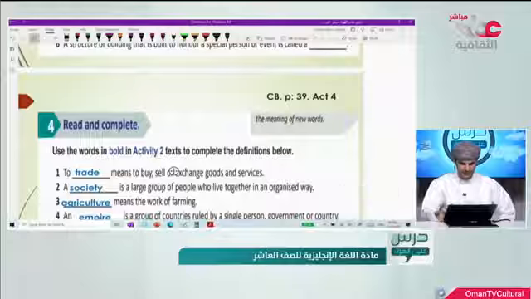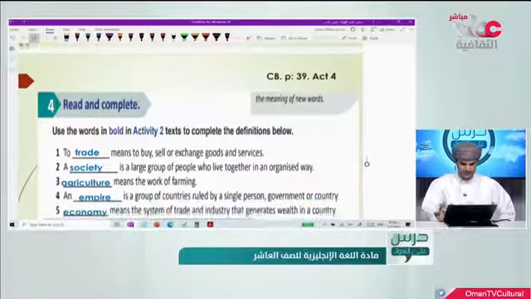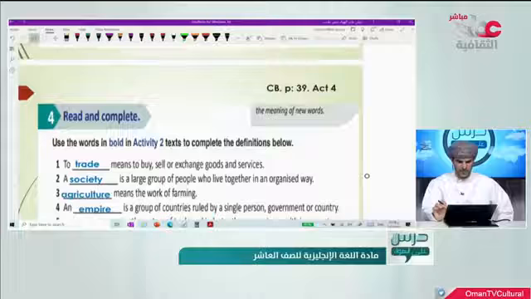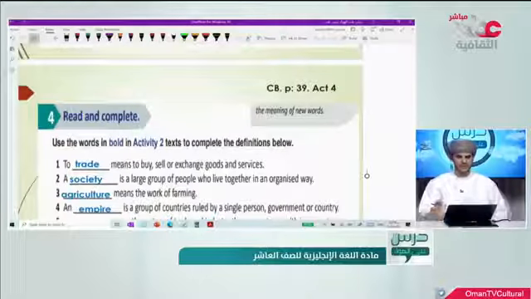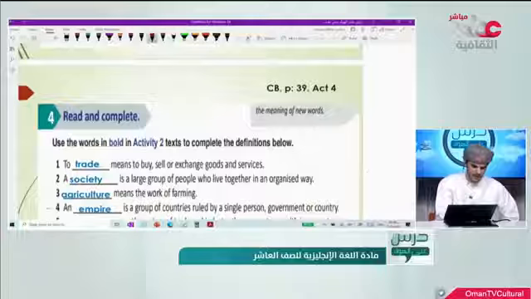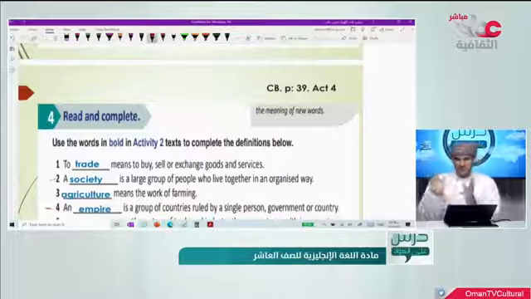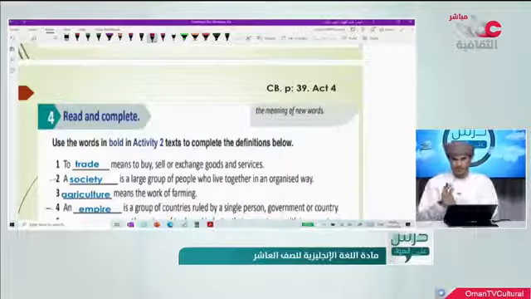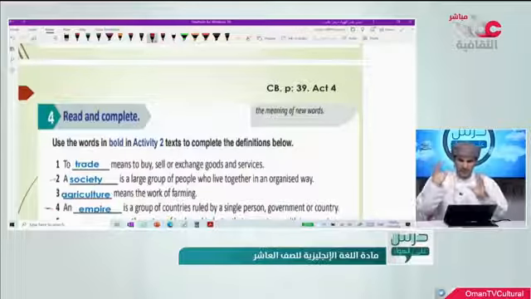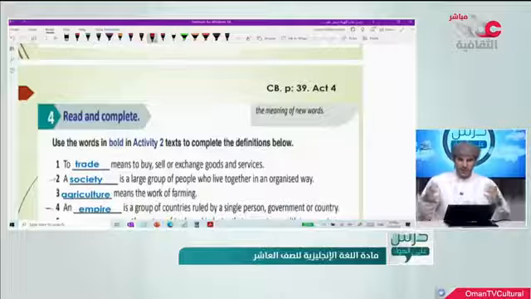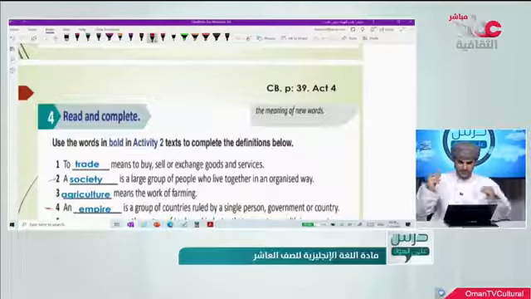Empire with P. Empire is a group of countries ruled by a single person, government, or a country. Be careful with the empire and society. Society, just one country or even one place. But empire, group of countries, not just one, maybe 2, 3, 4, like our Omani empire before.